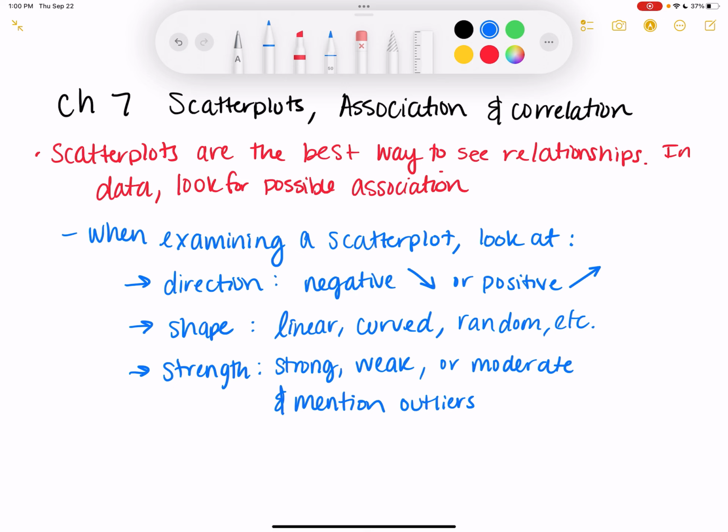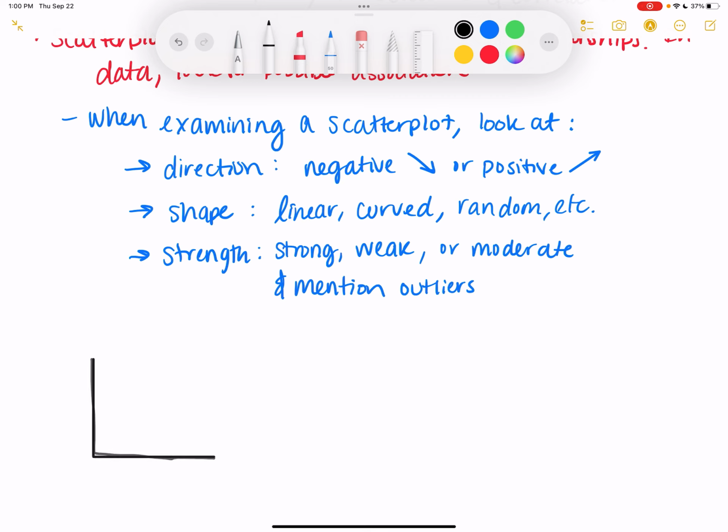So I'm going to draw two scatter plots, and then I'm going to write a little bit beside them of how we would describe them with this information. All right, so this first one, it's going to be like that.